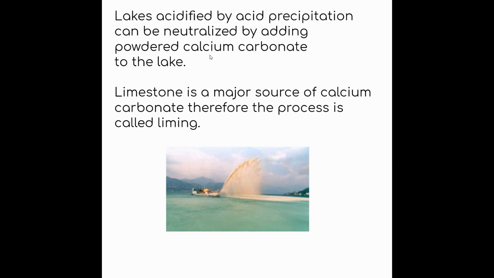We call this process liming, as you can see right here. Now there's a problem with this process. It's expensive, and every time it rains and puts the pH back into an acidic pH, we have to do it again, and then again. So this just temporarily fixes the problem. It does not solve the problem.